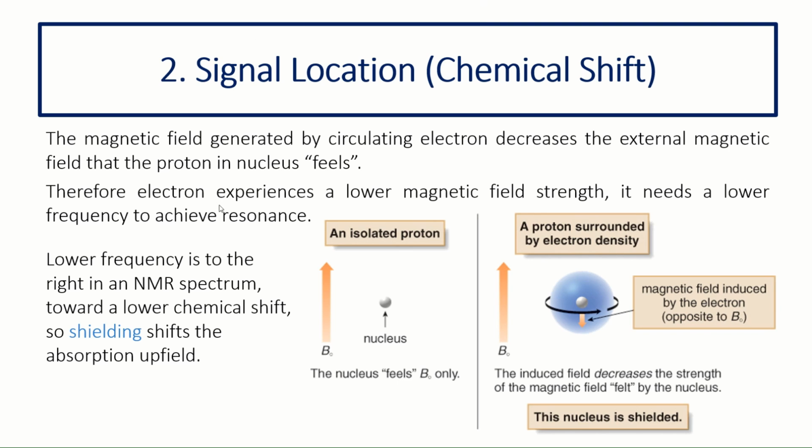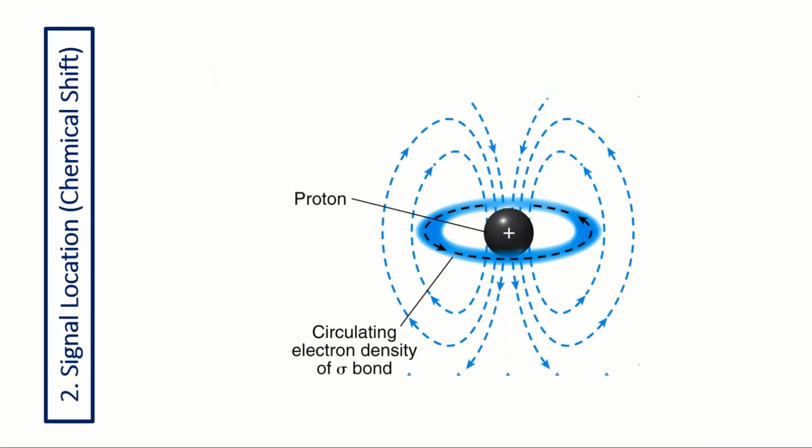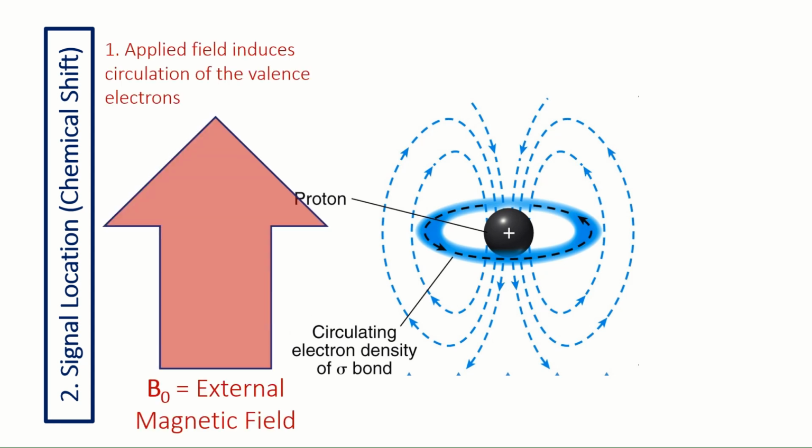And of course this lowers the frequency of your NMR signal. I would state that we say that this lowering is shielding. It's a shielding effect, or the shielding lowers your NMR signal. Here's a better diagram. So if you look here, we have here our applied field.